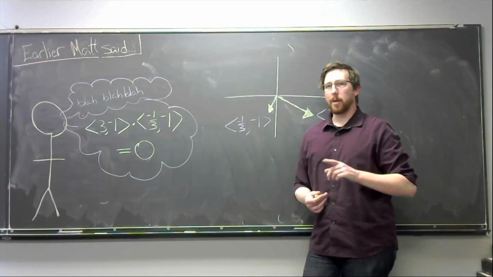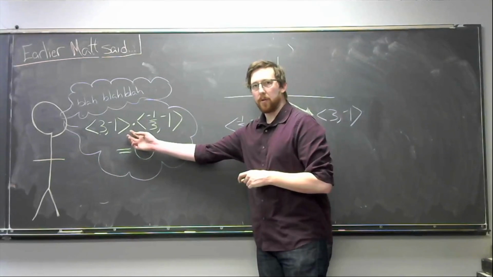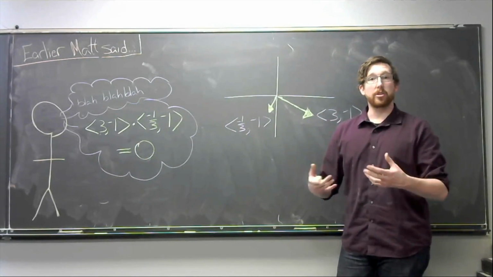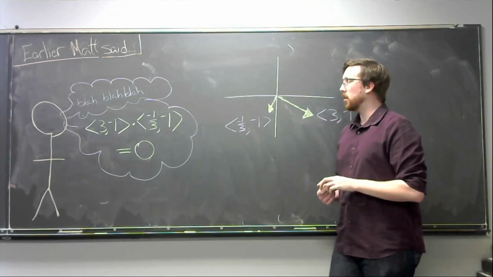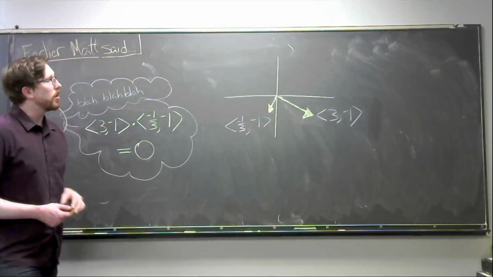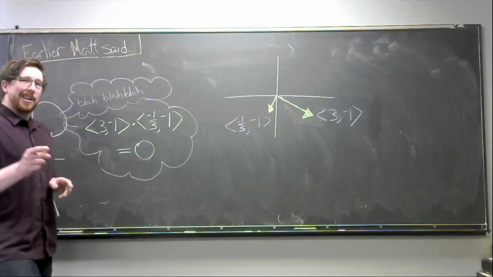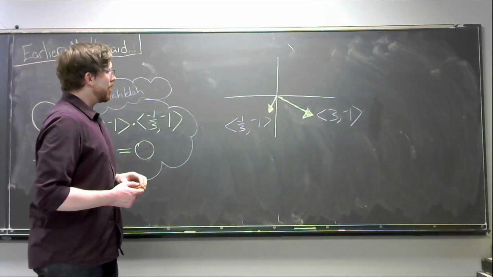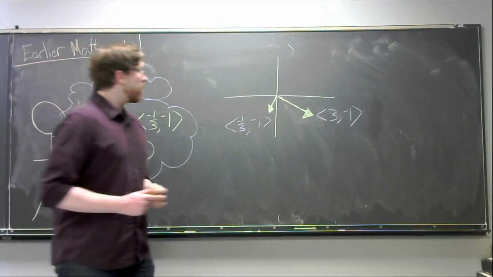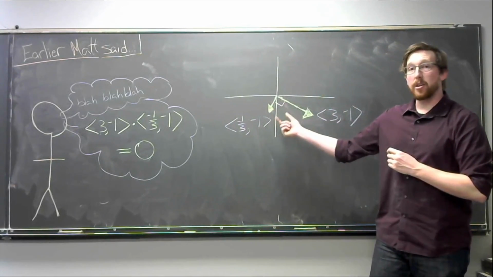Now I claim that there's a very special property that exists between these two vectors, a particular relationship of importance between them. I took the liberty to go ahead and draw it over here, and I'm wondering if any of y'all can see it. These two vectors, rather, they form a right angle to one another. The angle between them is 90 degrees.